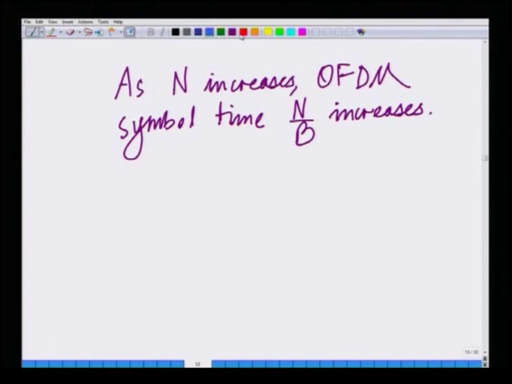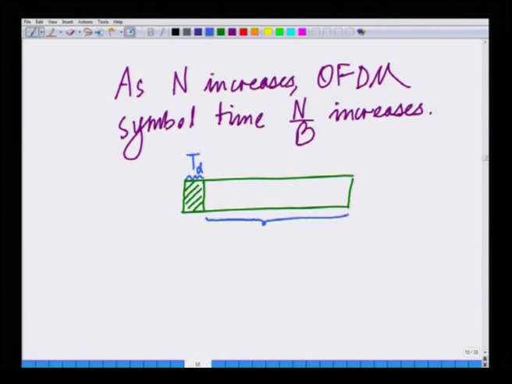Hence, let us say we have an OFDM symbol, and this is the OFDM symbol time, and this is the delay spread, which is affected by the intersymbol interference. This is the intersymbol interference affected part. This is essentially the N over B part.